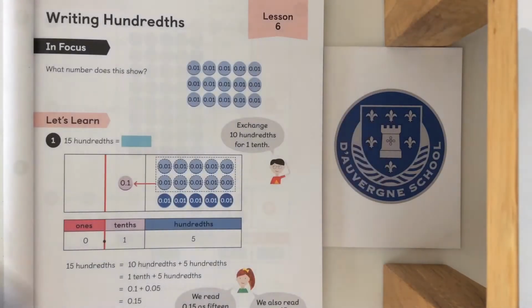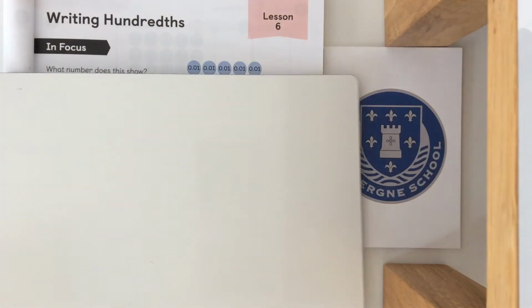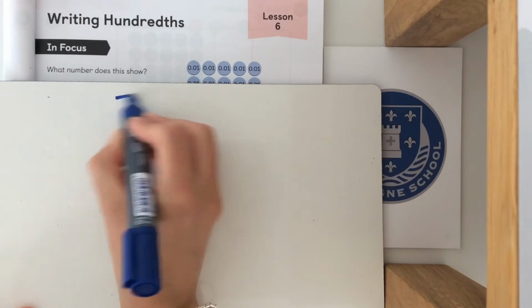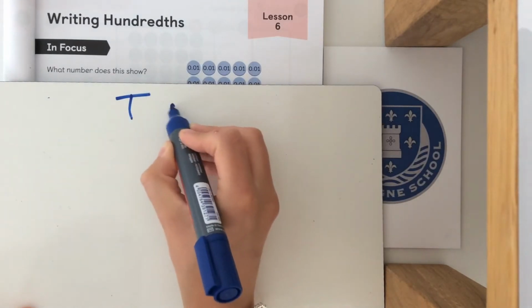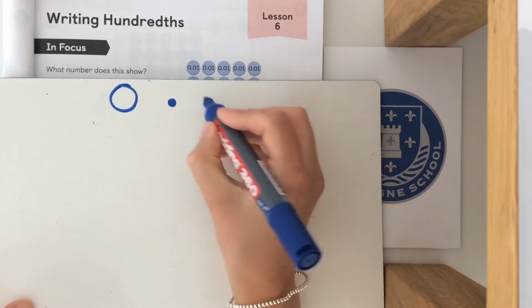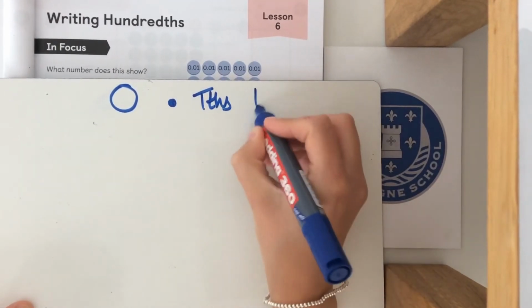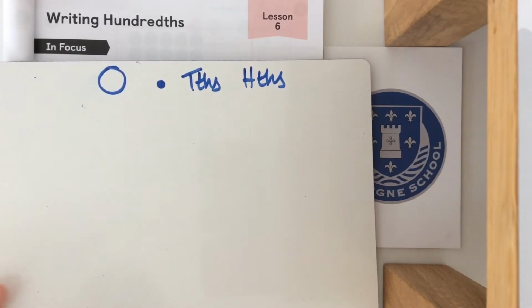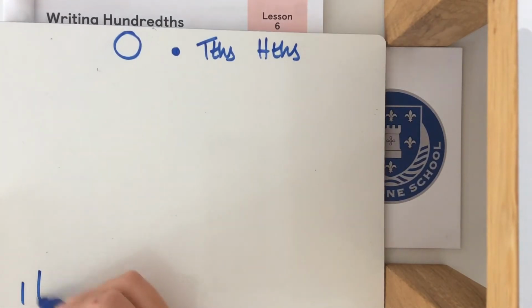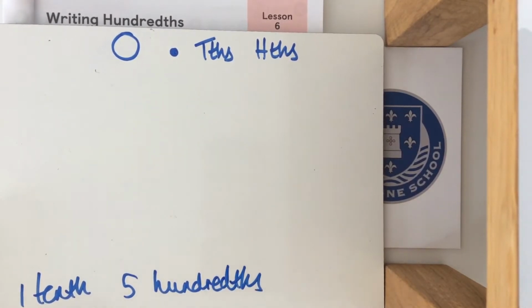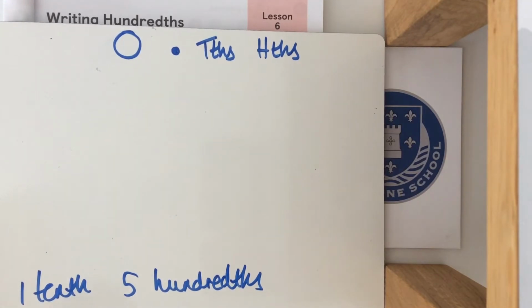Now this then helps us to work out how we write it as a decimal. So we're going to draw our place value grid. We've got our ones here, our decimal point, then we've got our tenths, and we've got our hundredths. Okay, so if we've got 1/10 and 5 hundredths, how do I put that into my place value grid?